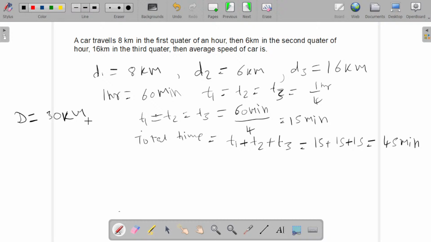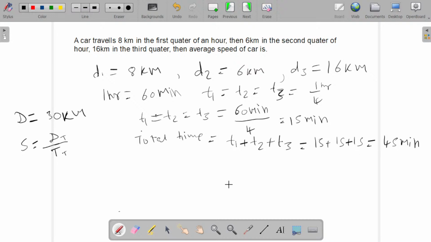So now we can't put these both values directly in our formula, which is, let me write in shortcut, S equal to D by T. Average speed equal to total distance upon total time, D total by T total. Okay, so here 30 kilometer distance is in kilometer, but time is given in minutes, so we have to convert this in hour.